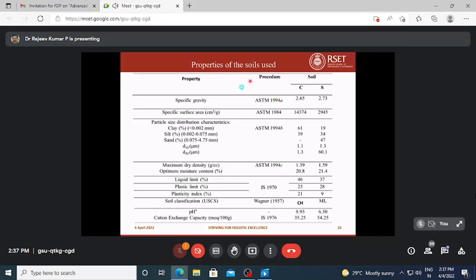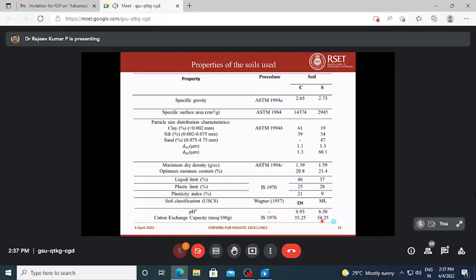Here, the properties of the soil which I mentioned in this discussion: these are the properties for the clay soil, and for the silt, these are the properties. All these were done in the geotechnical engineering laboratory, and we have conducted all these according to ASTM and IS standards.